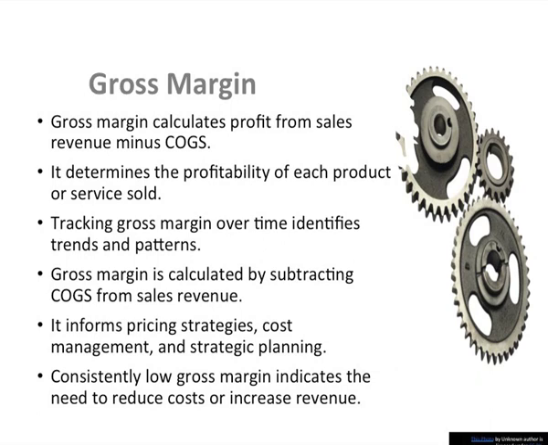In the tourism industry, gross margin can be an important metric for businesses to track, as it helps to determine the profitability of each product or service sold. By analyzing gross margin data over time, businesses can identify trends and patterns and make informed decisions about pricing, cost management, and strategic planning. To calculate gross margin, a business must first determine its total sales revenue and its total cost of goods sold for a given period, such as a month or a year.